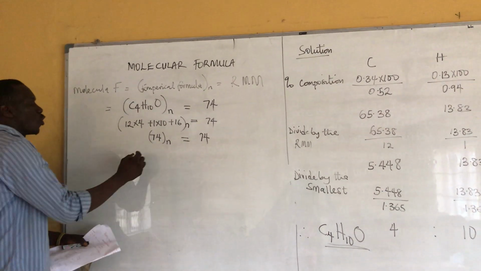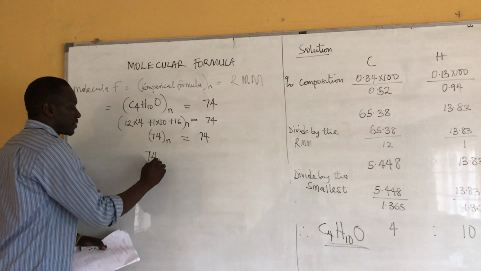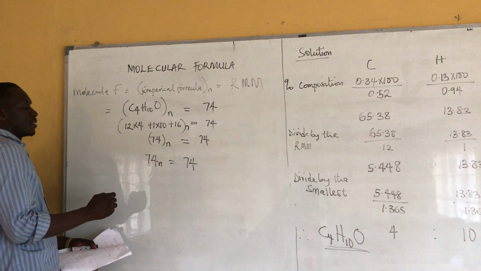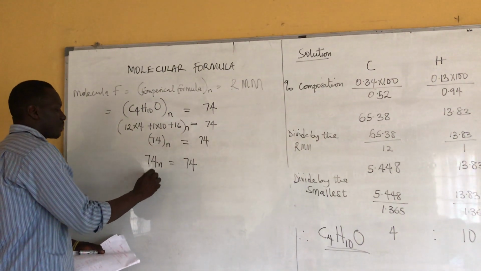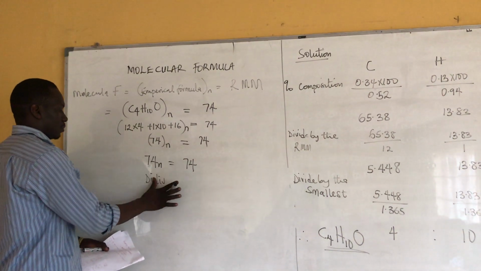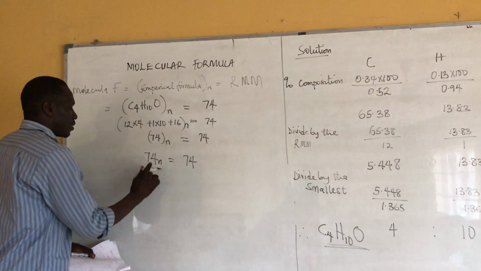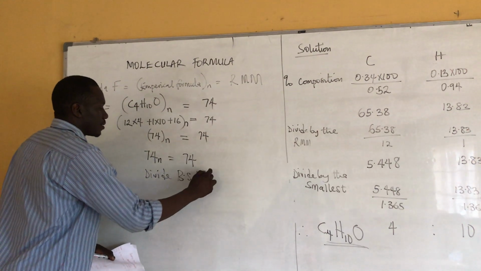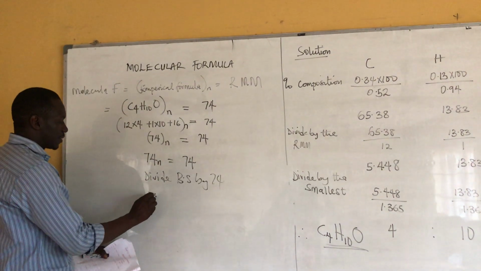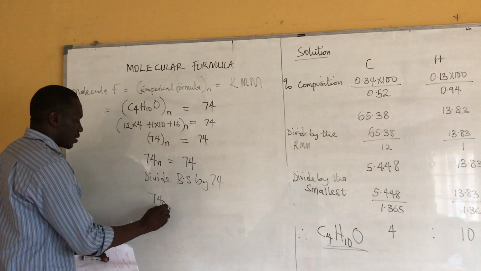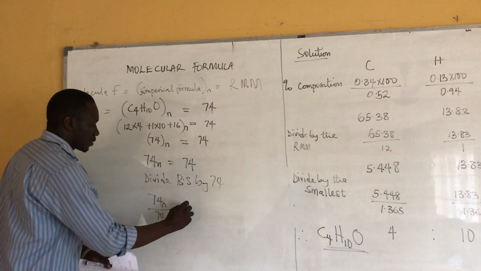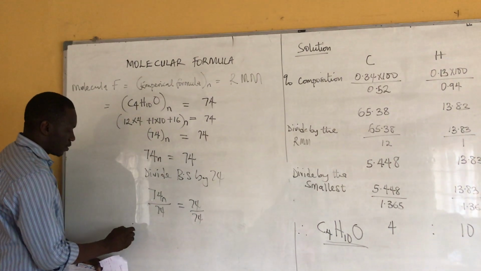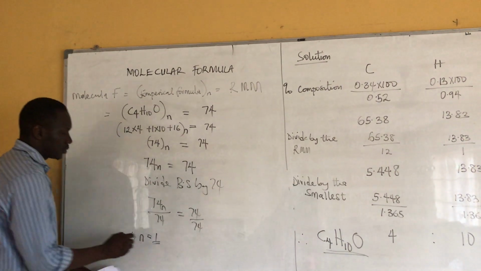So we use n to open the bracket. It becomes 74n equals 74. Make n the subject of the formula by dividing both sides by 74. So 74n over 74 equals 74 over 74. Therefore, n equals 1.